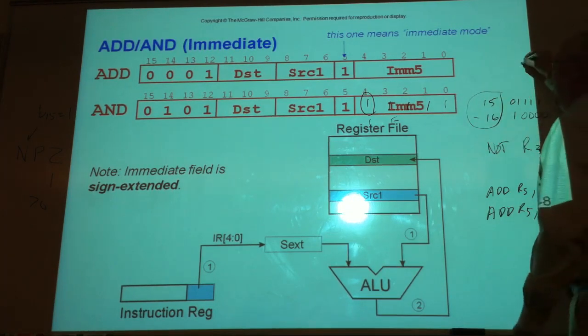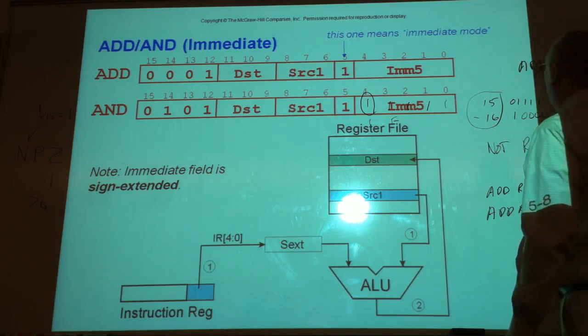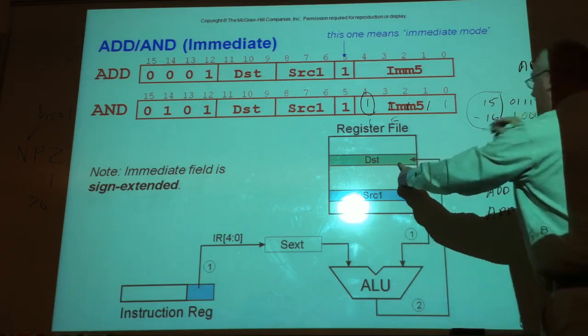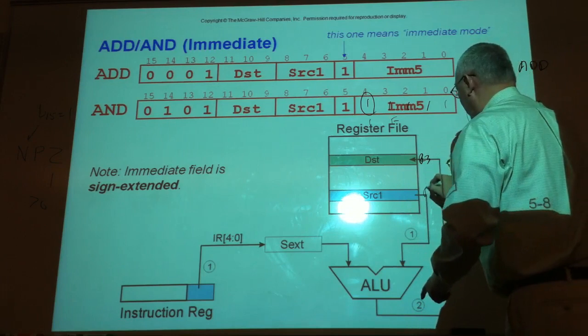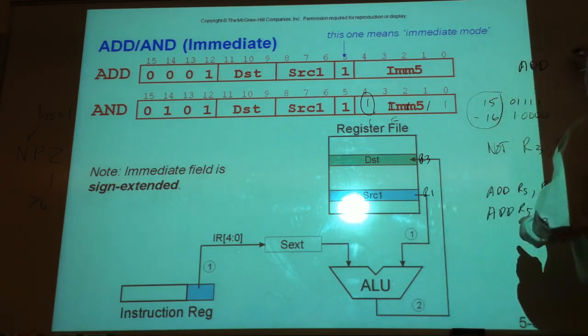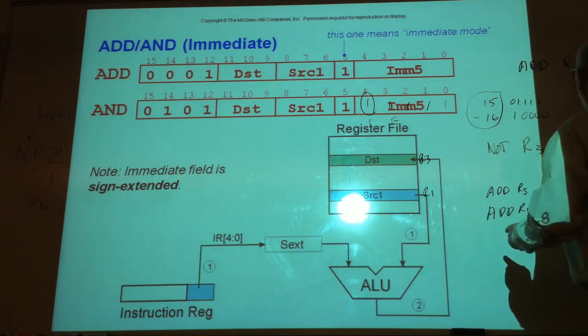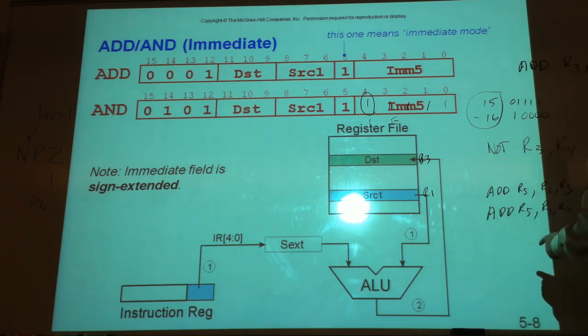So I'd say add, my destination, let's say this is R3 and this is R1, add R3, comma, R1, comma, minus 5. So I'm taking R1, adding minus 5 to it and storing it in R3. That's immediate because I have this immediate value.